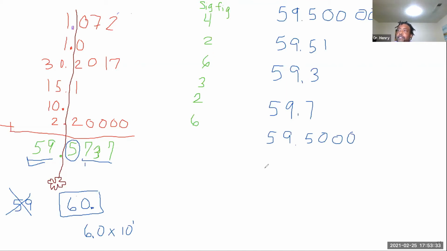Okay, so we want two significant figures. If I want two significant figures, what am I going to use to determine if I round up or round down? The one after the decimal point. So the 5.